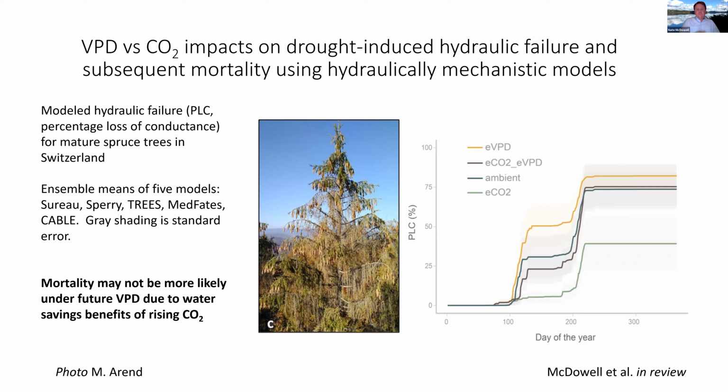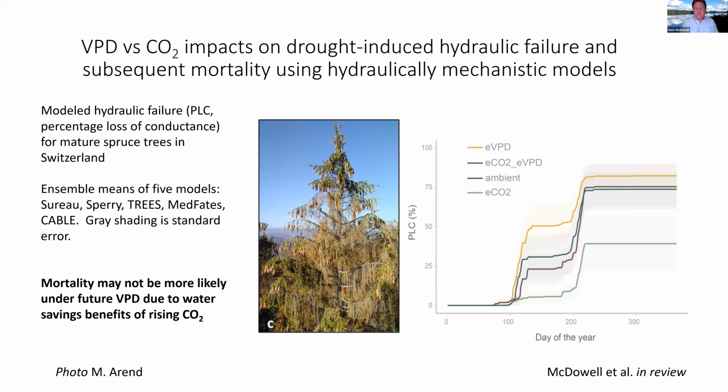Here's some results about that where we used what we consider to be these highly mechanistic finite scale models, such as SOX and Sperry, which are both tree level models, or TREES and Medfate and CABLE, which are ecosystem scale models. CABLE goes to regional now.